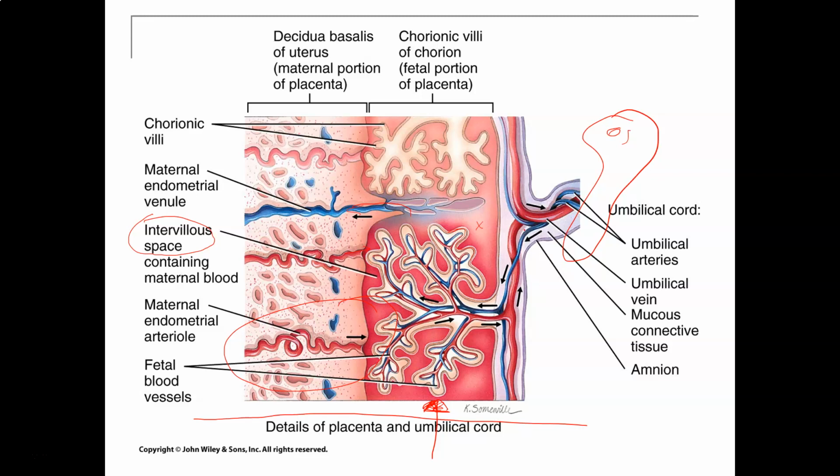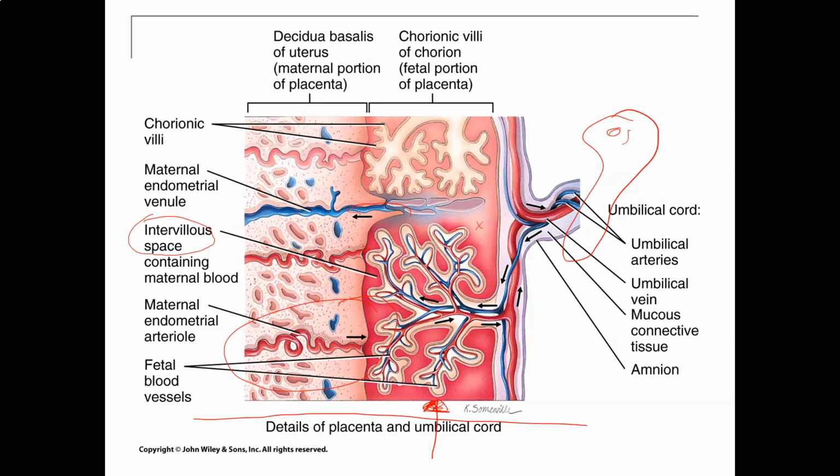So the blood here is replenished. And while the baby's blood is going through blood vessels in the chorionic villus, it's exchanging materials with the mother's blood. And there are lots of things that are exchanged, so let's just run through the list.